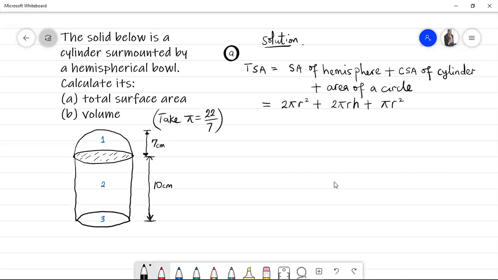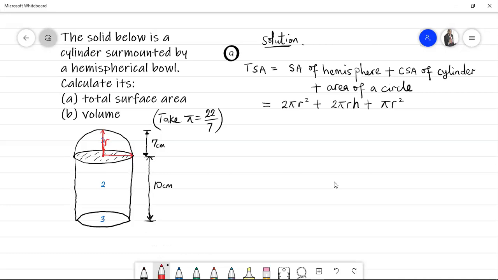Now let's come back to the diagram. When you have a hemisphere, you will realize that from the center to the circumference, any point on the surface of the hemisphere is actually the radius. You have to understand that.